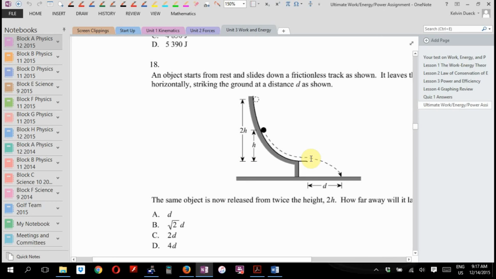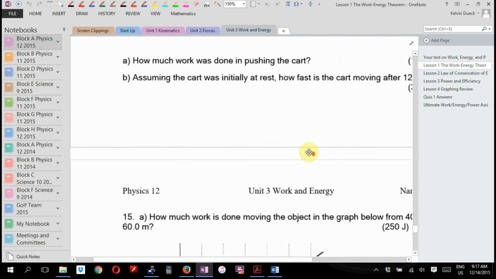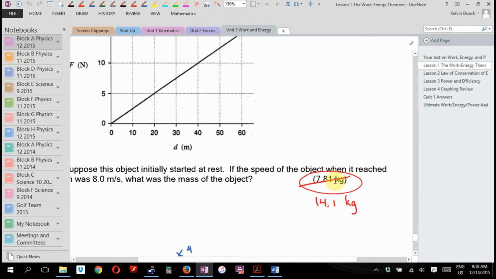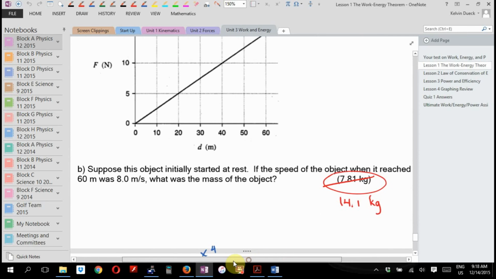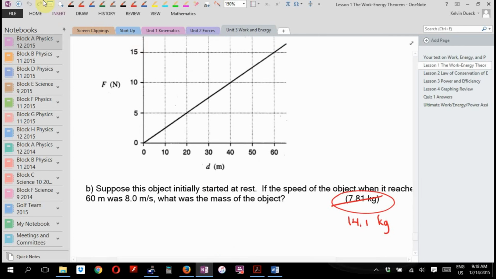Yeah? I was wondering on homework number 1. Lesson number 1? Homework 15B. You got that there was a typo? Yeah, but the way I got it was not using kinematics.